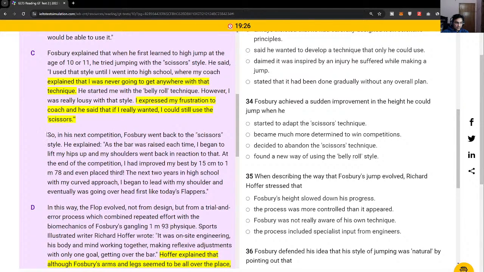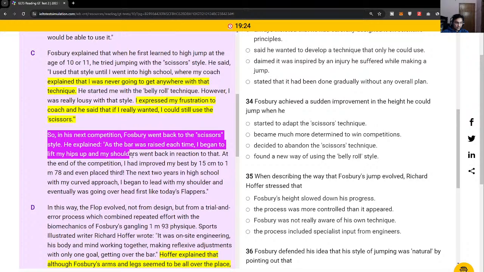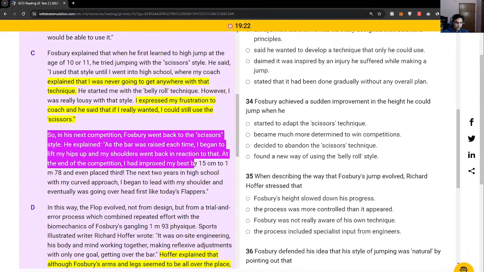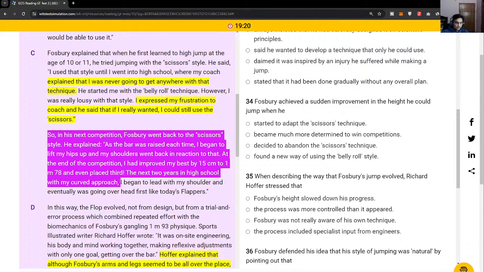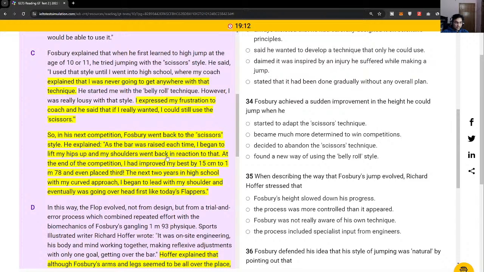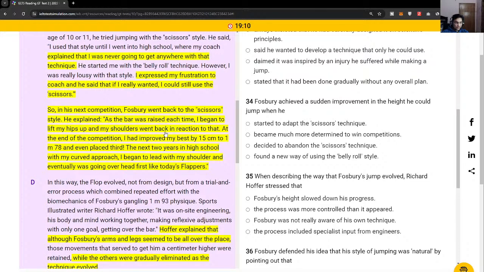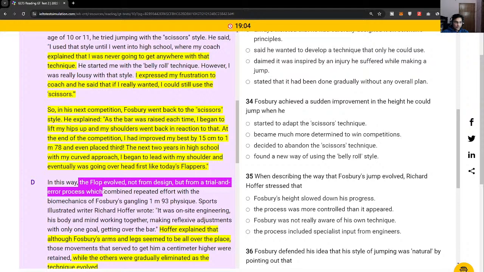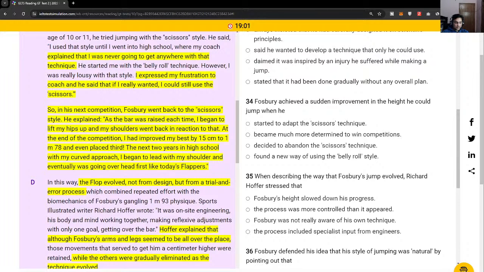In the scissors style, he said, I began to... flop evolved not from design but from a trial and error process.